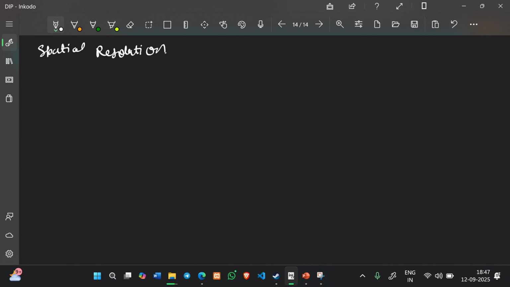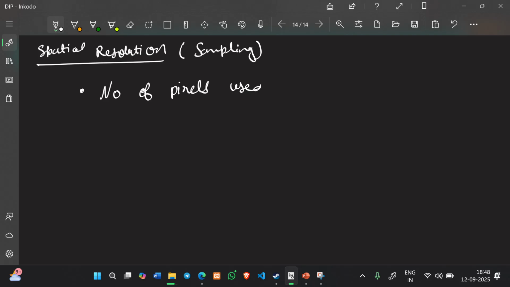So spatial resolution is nothing but your sampling. The number of pixels used to represent the image is called your sampling.